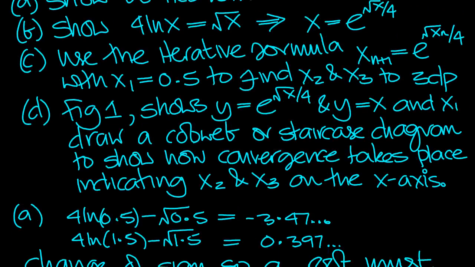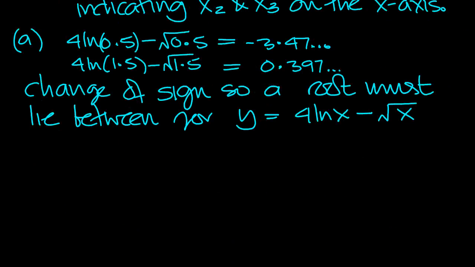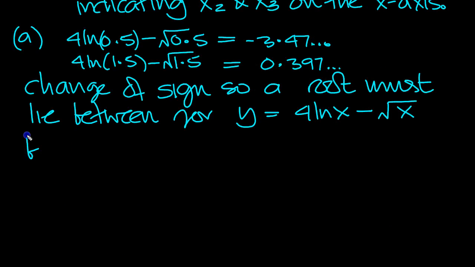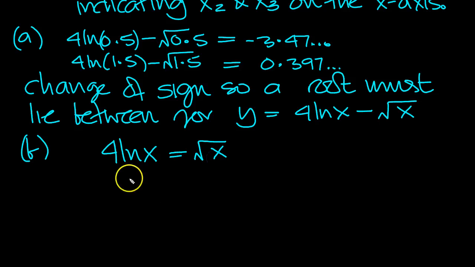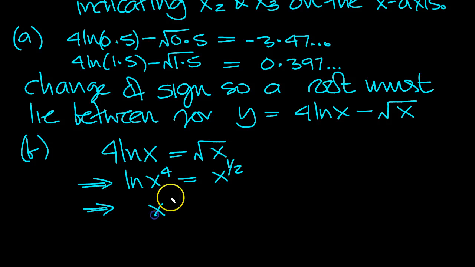Show that the equation can be rearranged to be written in this form. So 4 log x equals root x. Part B, 4 ln x is equal to the square root of x. Okay, so ln x, move the 4 up to the power using properties of logs, is equal to x to the half, or root x. Now this is log base e, so unwrap the log. The e swings up and hits this, giving e to the root x.